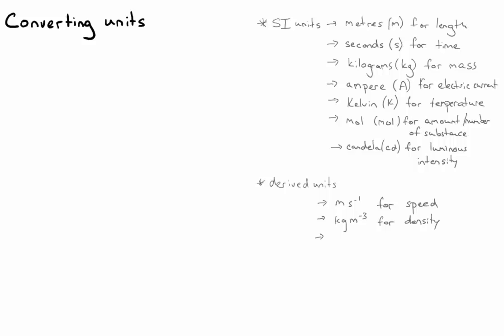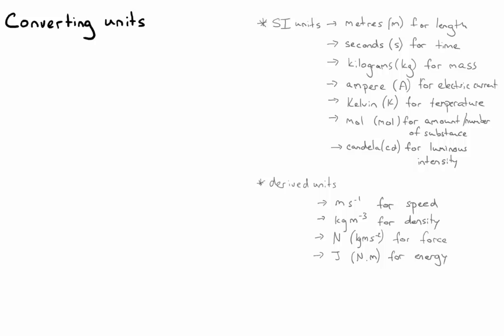We define the Newton, which can also be written as kilogram meters per second squared, for force. And we can use the joule, which is also newtons times meters, for energy. And those are just some examples of derived units.